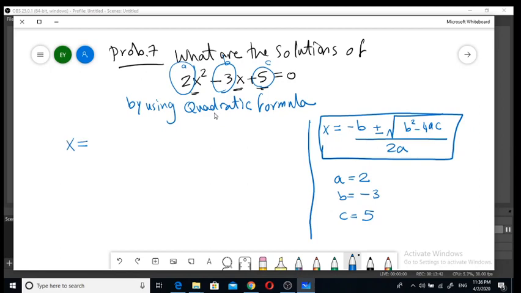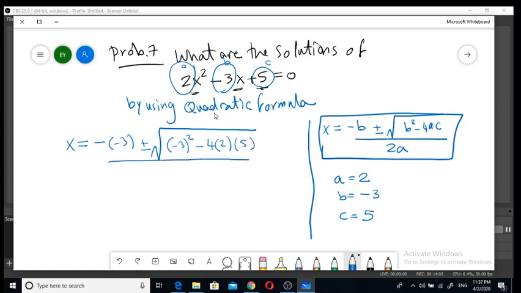So x is equal to negative b, negative 3, plus or minus square root of b squared, which is negative 3 all squared, minus 4a, which is 2, times c, which is 5, over 2 times 2.